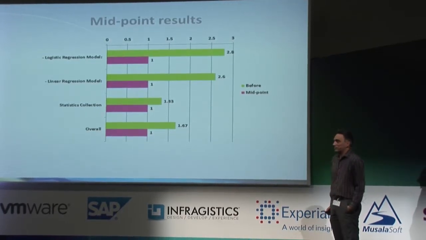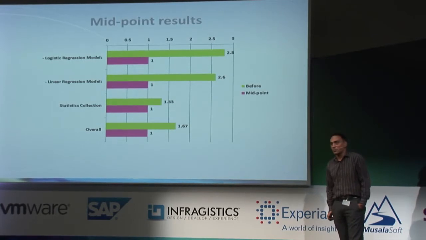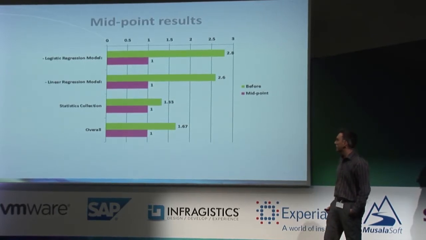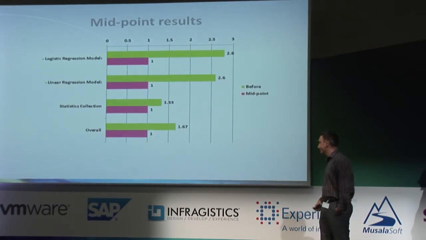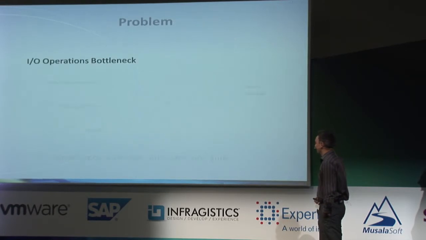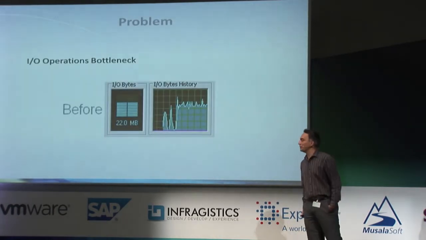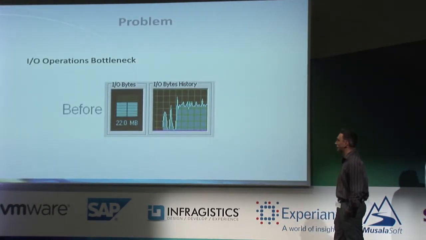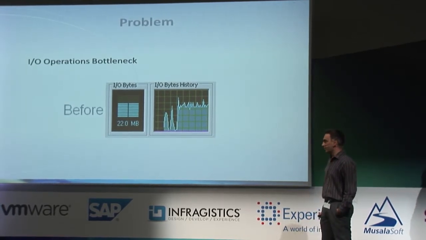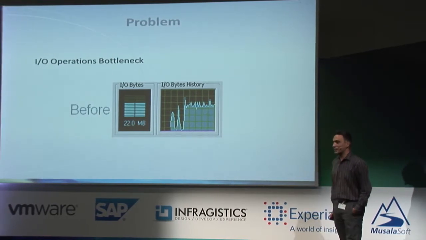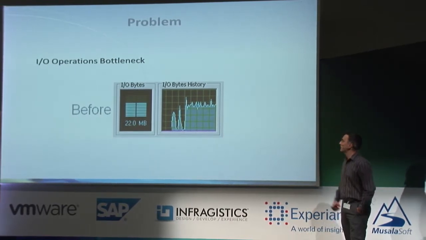Then we sat down and started thinking, what would be the problem? Why would some reports which involved reading a lot of data not be so fast? It turned out that once we resolved one of the problems in collecting statistics and making calculations faster, we hit another bottleneck, and it was disk usage.